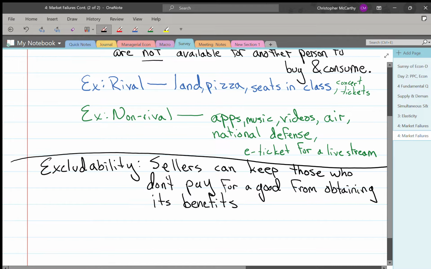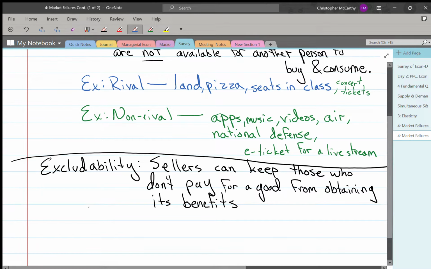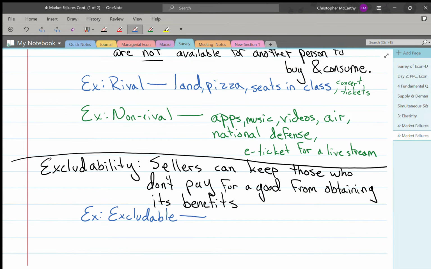So again, let's think about some excludable versus non-excludable goods. An excludable good is one where the seller can keep those who don't pay from obtaining its benefits. So concert tickets, right?